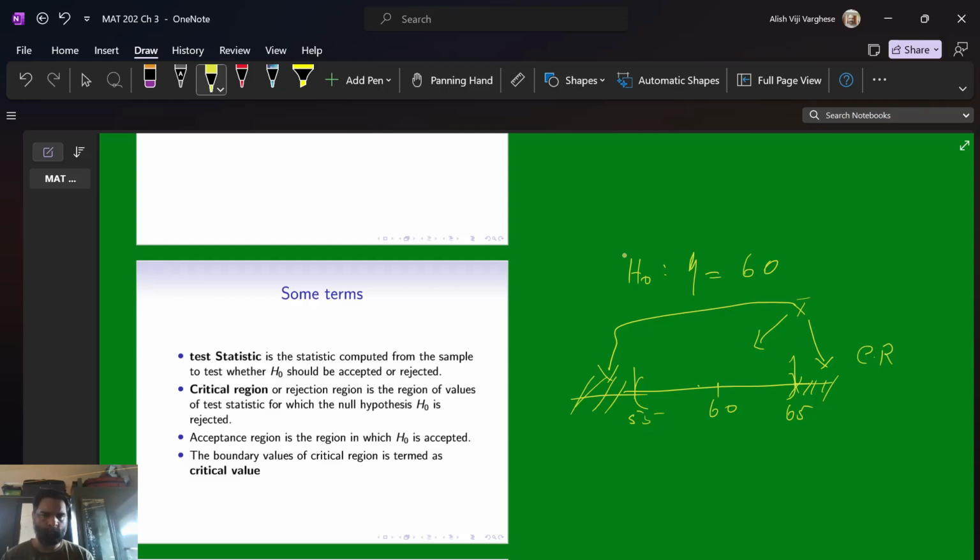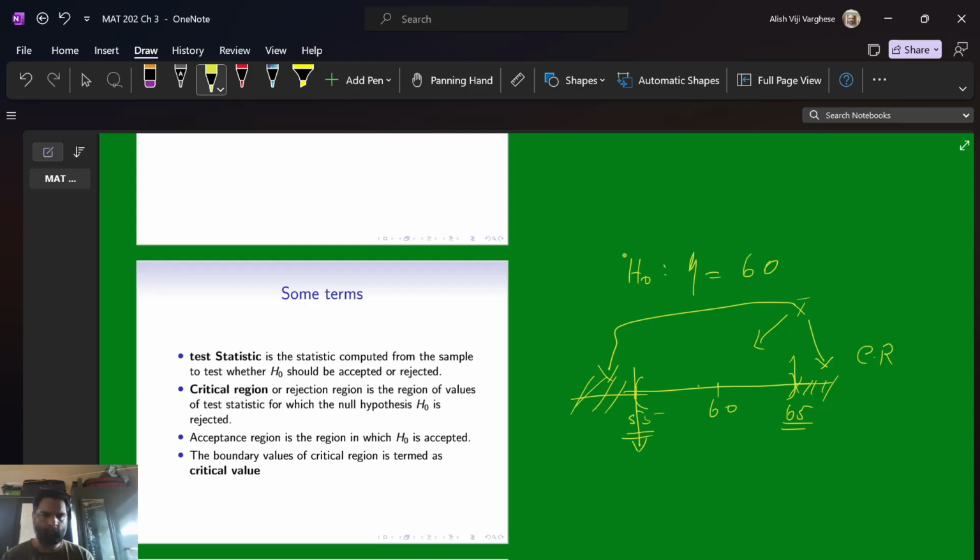But the region inside this particular interval is known as the acceptance region. Then the boundary values here, something like this 55 and 65, are known as the critical values. But usually we give the critical values based on the significance level, so it is related to alpha.